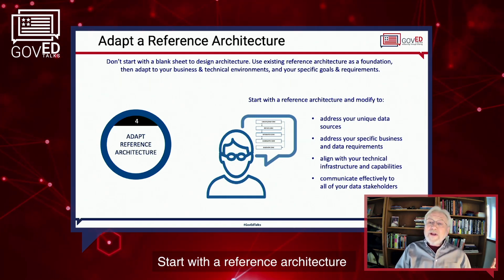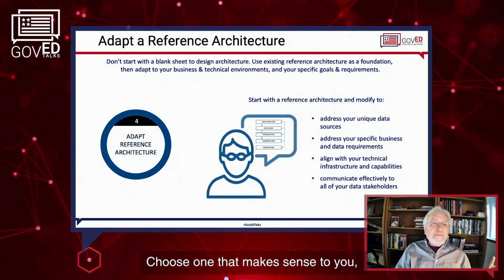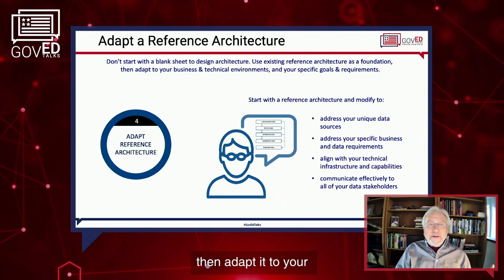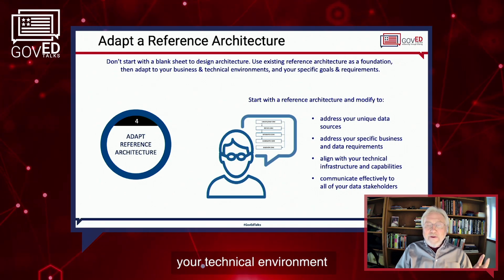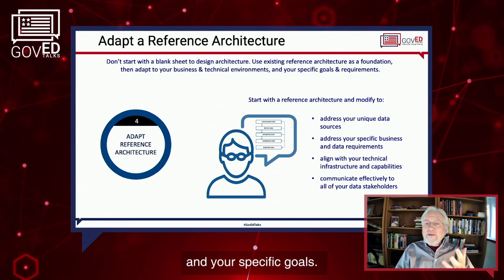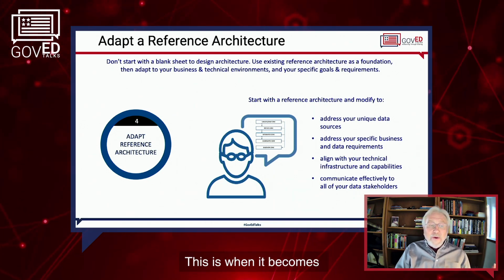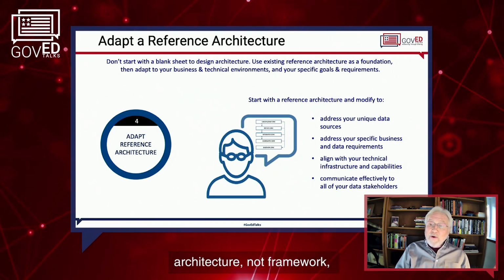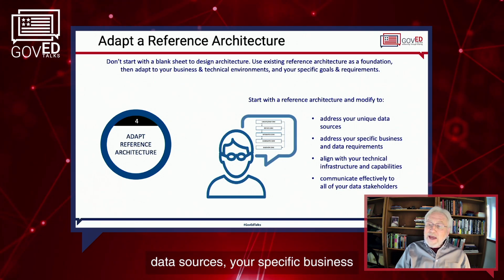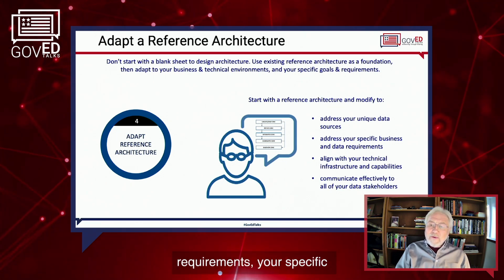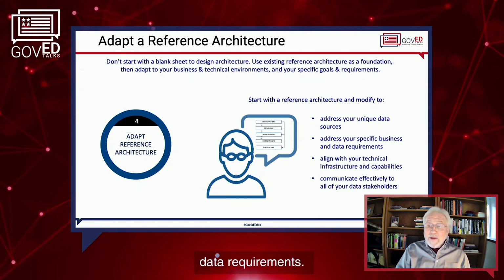Start with a reference architecture as a foundation. Choose one that makes sense to you, then adapt it to your business environment, your technical environment, your specific goals, your requirements. This is when it becomes architecture, not framework, is when you add your unique data sources, your specific business requirements, your specific data requirements.